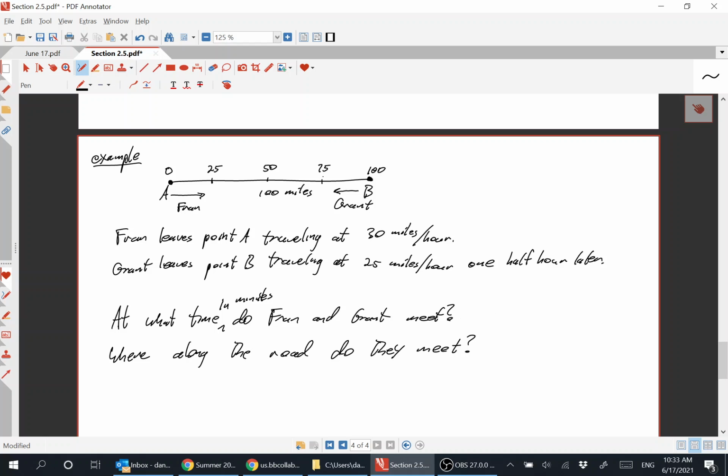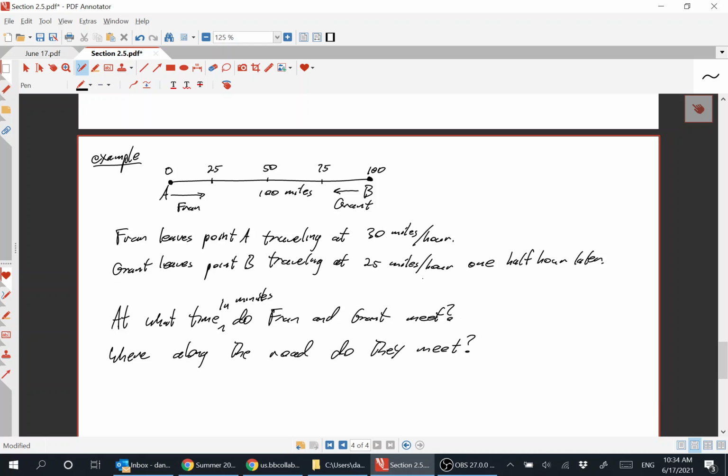Okay, before we can begin to address such a question, we will need a distance function for Fran and a distance function for Grant. Since Fran and Grant leave at different times, the question might be, what should be the initial starting time?